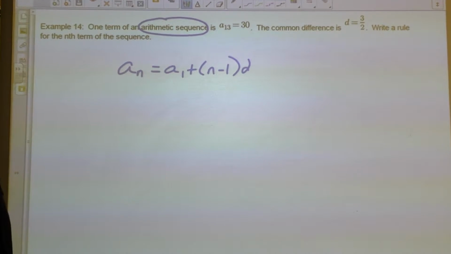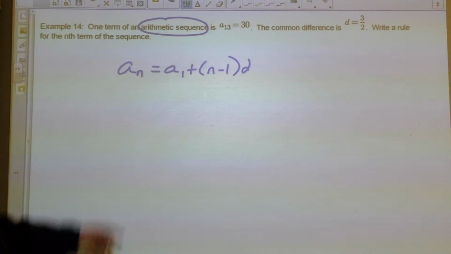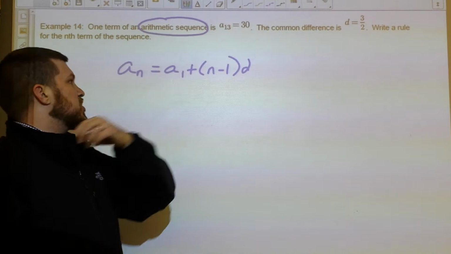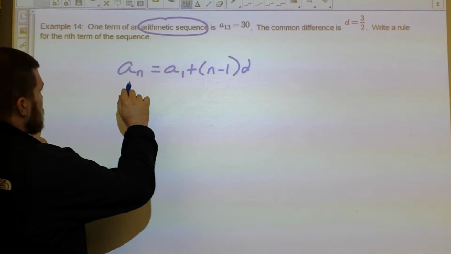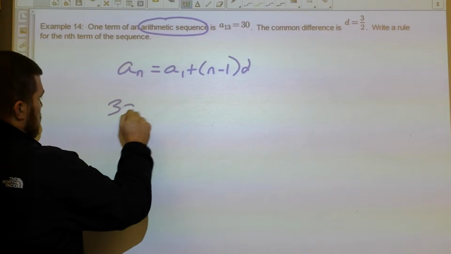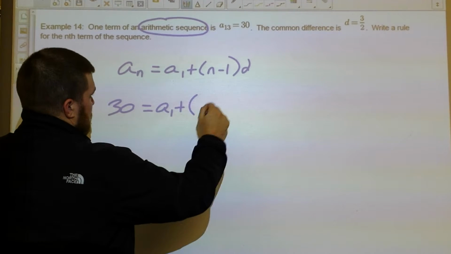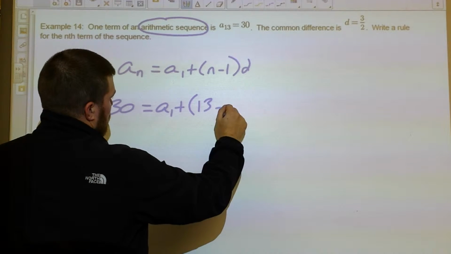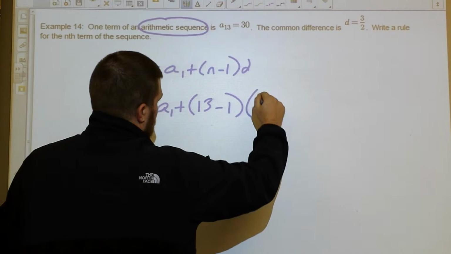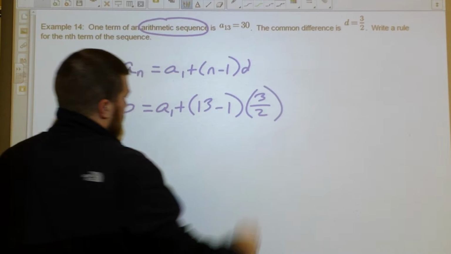Let's plug in what we do know for a fact. We know that a of 13 is 30, so if n is 13, 30 goes here. a of 1 we still don't know. Plus, again, n is 13 minus 1, and our common difference is 3/2.